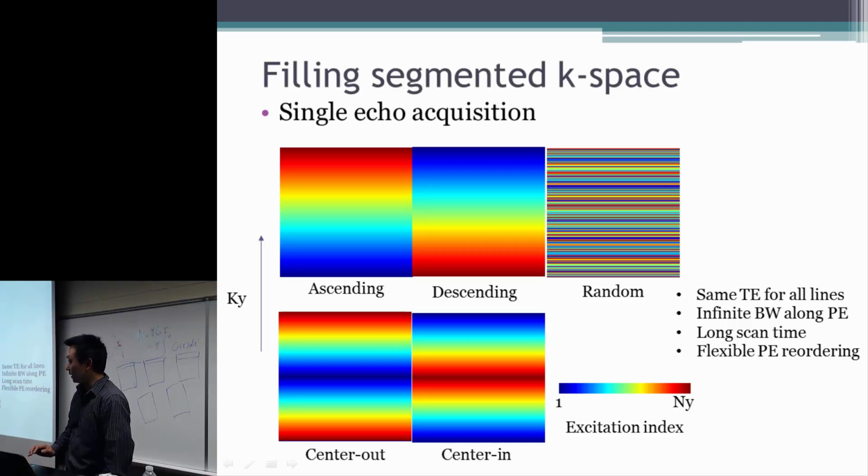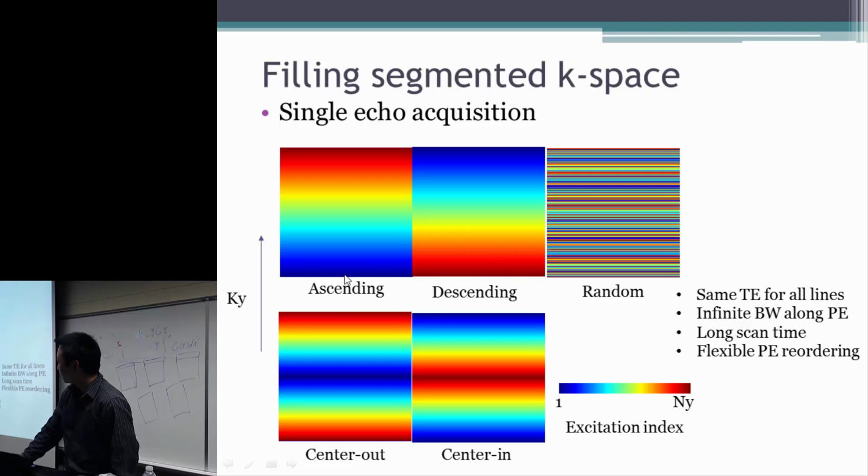Okay, so this is a more direct visualization of the acquisition of the segmented K-space. First, let's take a look at the single echo acquisition. Let's say we have n phase encoding lines. Here is the excitation index.